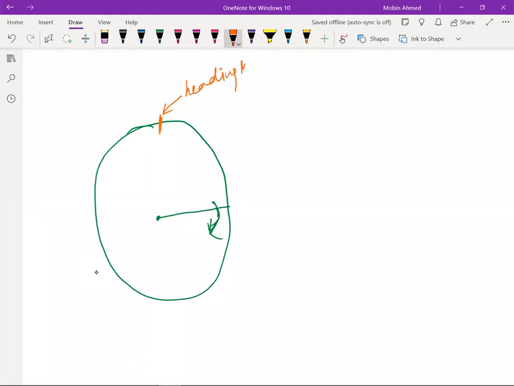I am writing the heading marker because this is also there in the display, at the 0, 0 position, meaning the ship is moving in this direction. Now I can make a sector in this one. Suppose I have given a sector like this, and I have given a range also.